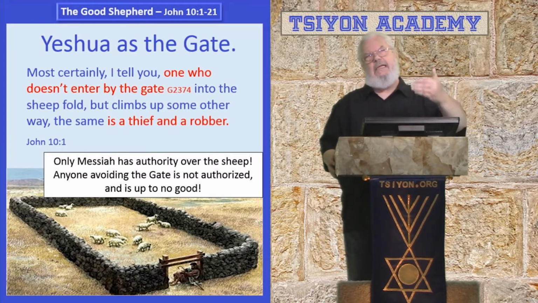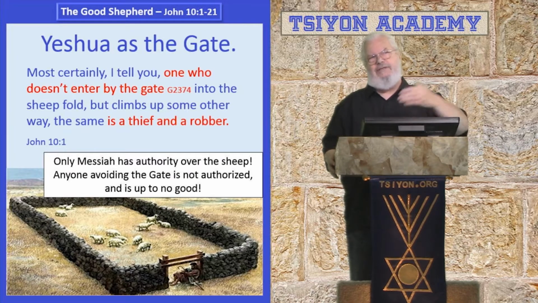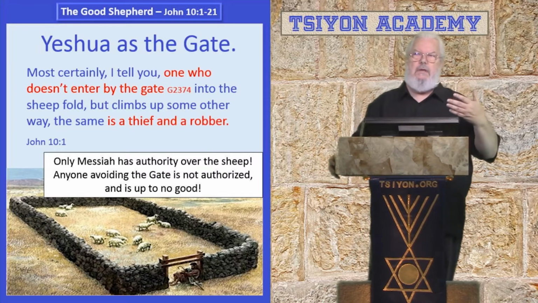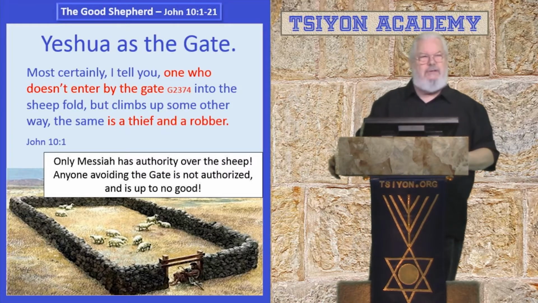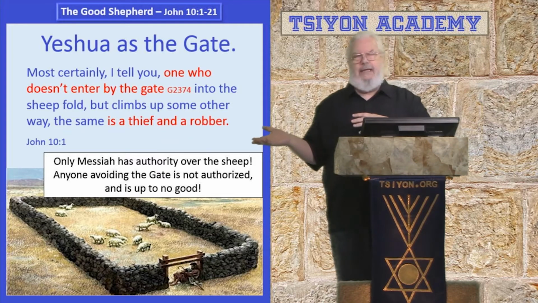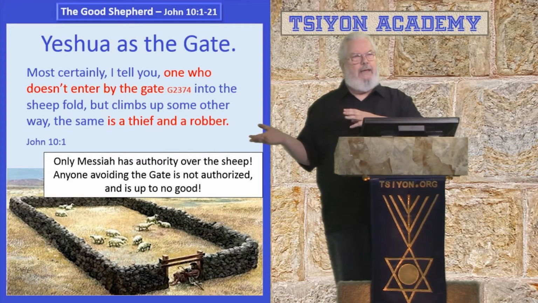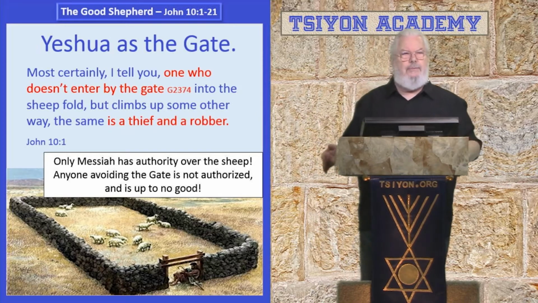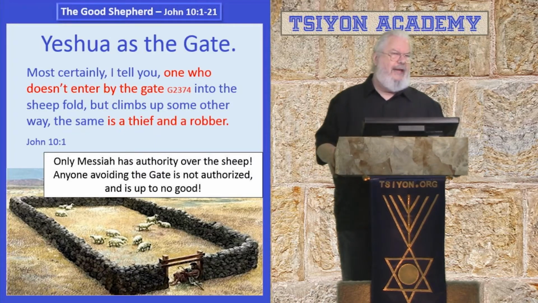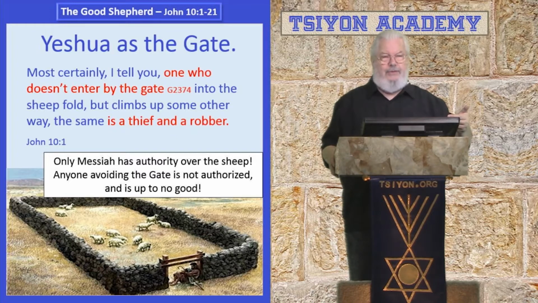You can see various institutions, various claims of different religions saying that they're the ones, they truly represent Messiah. But then you look and you see them doing horrible things to the sheep, and it's telling you they're thieves and robbers, they're not following Messiah.